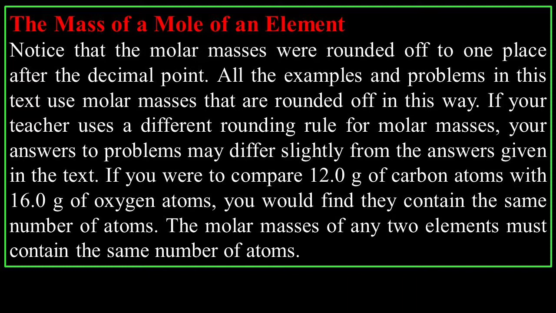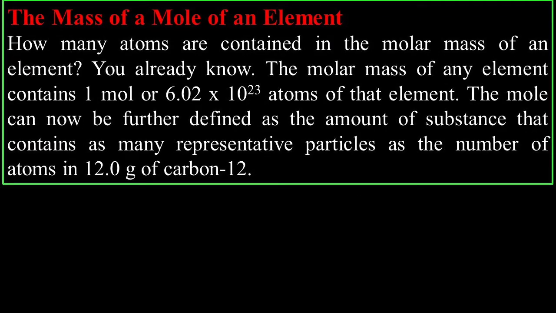If you were to compare 12 grams of carbon atoms with 16 grams of oxygen atoms, you would find that they contain the same number of atoms. The molar masses of any 2 elements must contain the same number of atoms. How many atoms are contained in the molar mass of an element? You already know. The molar mass of any element contains 1 mole, or 6.02 times 10 to the 23rd atoms of that element.